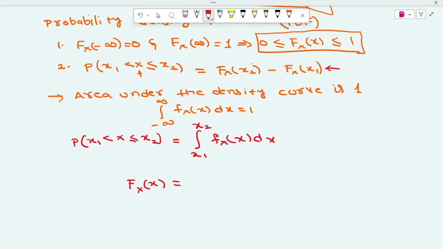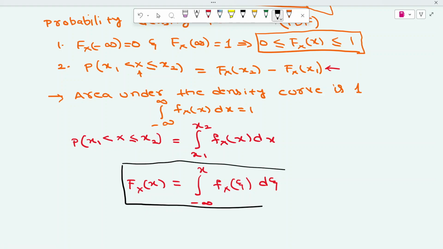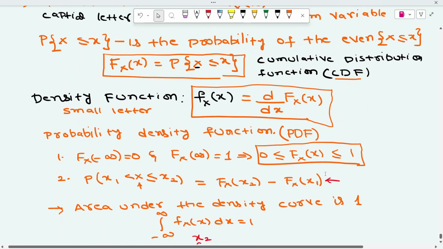So F_X of x is the integral from minus infinity to x of f_X of zeta d zeta. We use another variable, zeta, because the upper limit is a function of x. This is also a useful way to find the distribution function when we are given the density function. These are the properties and the definitions of the distribution function and density function.